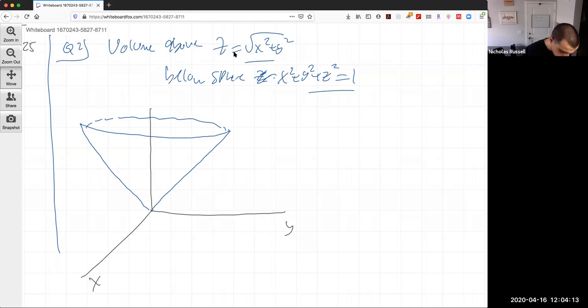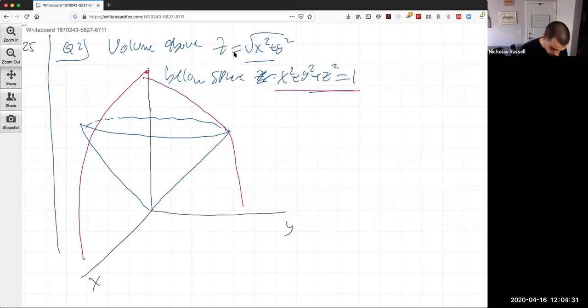So I'm going to make this a little bit bigger, just to give myself a little bit of room. And then I have this sphere here. It's centered at the origin, has a radius of 1, and just kind of comes down like that. And you can see what happens here.